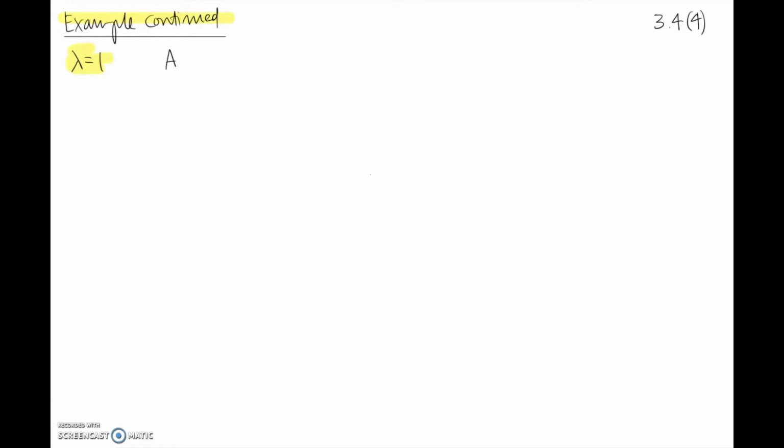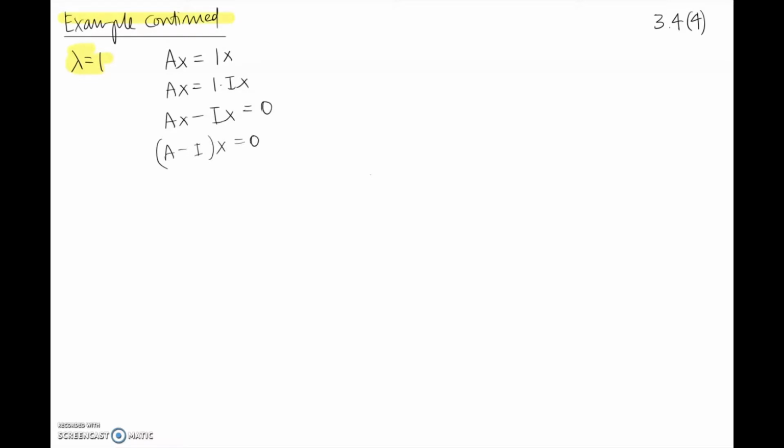So what are the vectors x such that Ax equals 1, that eigenvalue, times the vector x? And same story as before, 1 times the identity matrix times x, and so we can subtract that. We don't really need that 1 anymore. But this will all equal 0, A minus I times x equals 0.